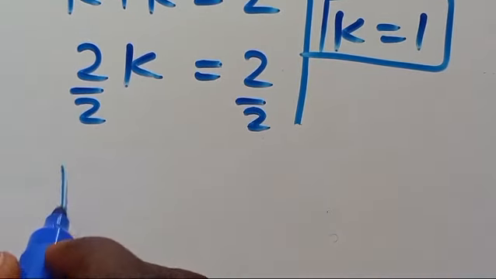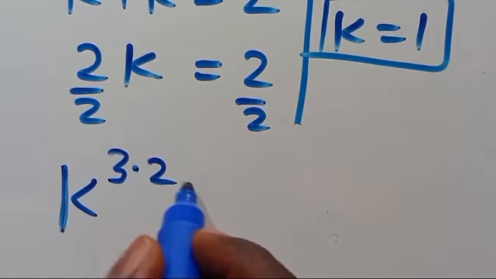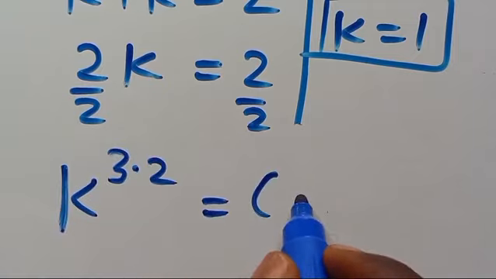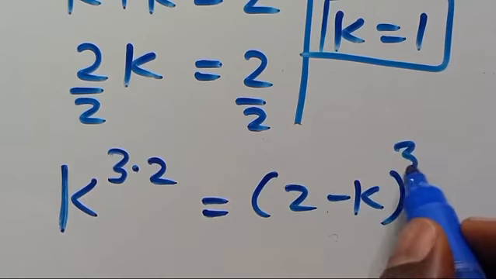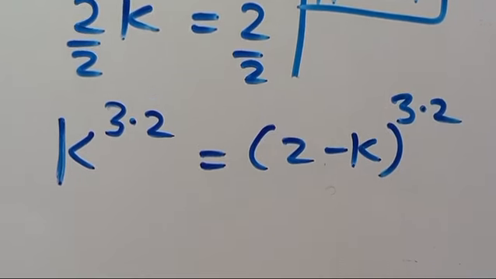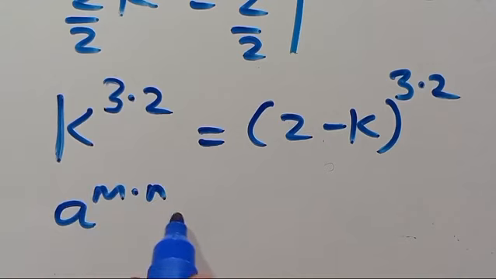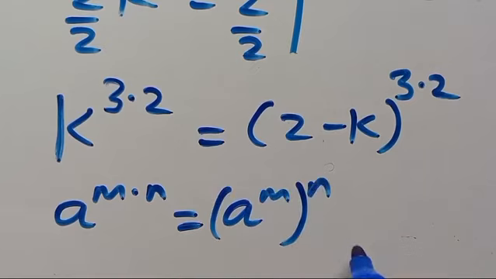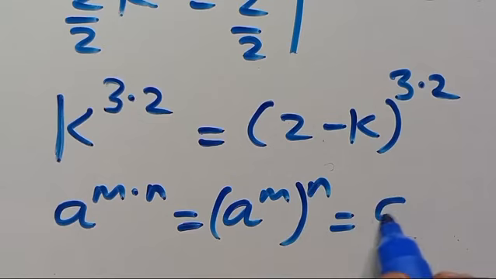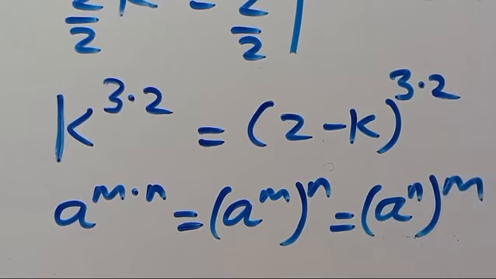So we have k to the power of 6. We can simplify 6 as 3 times 2, equals (2 minus k) to the power of 6, as 3 times 2. Recall that when we have a to the power of m times n, it can be written as (a to the power of m) to the power of n, and also equals (a to the power of n) to the power of m.